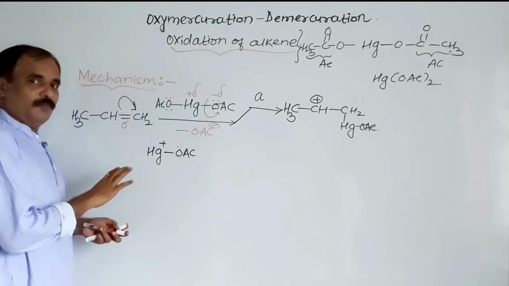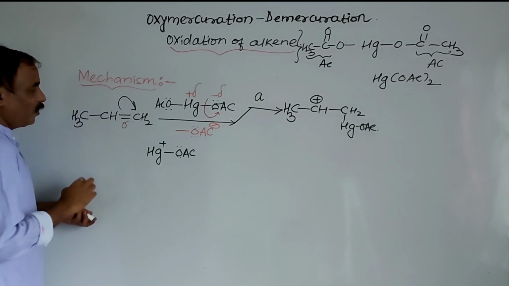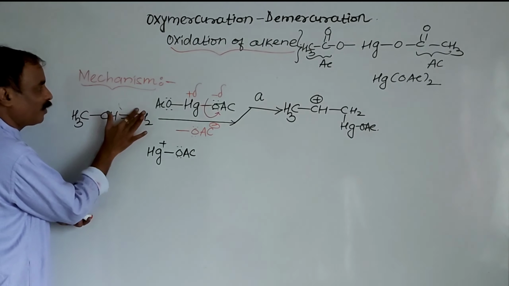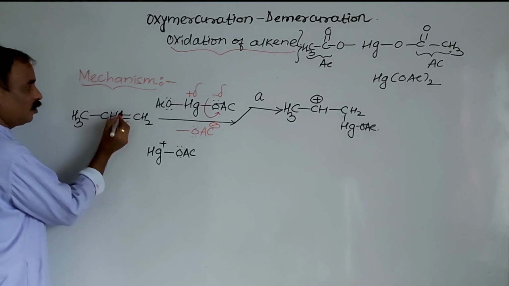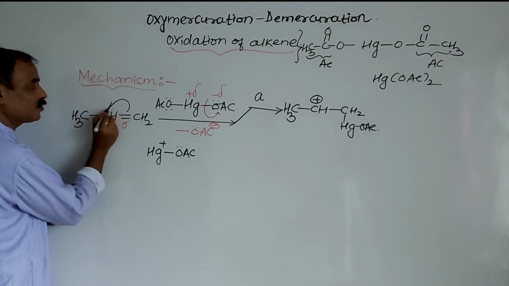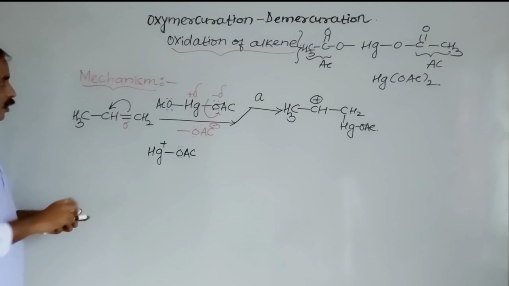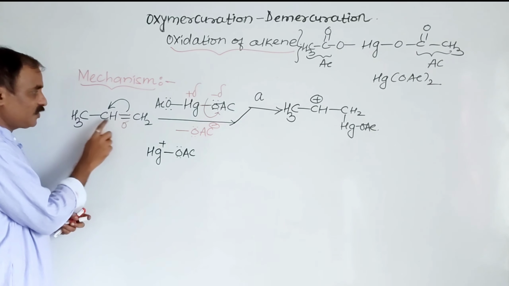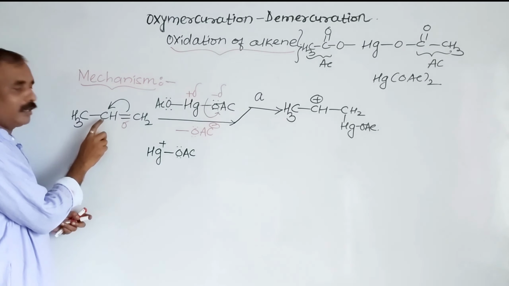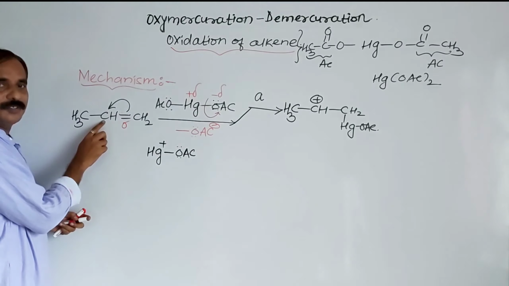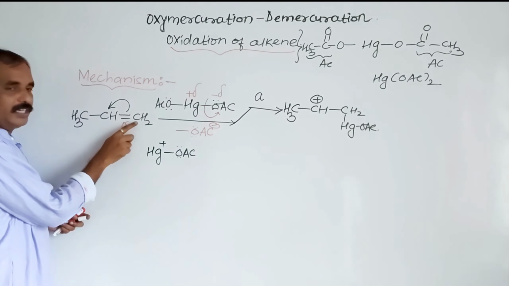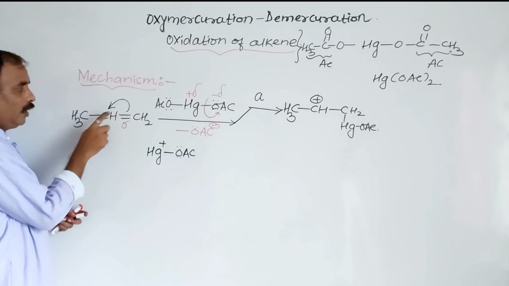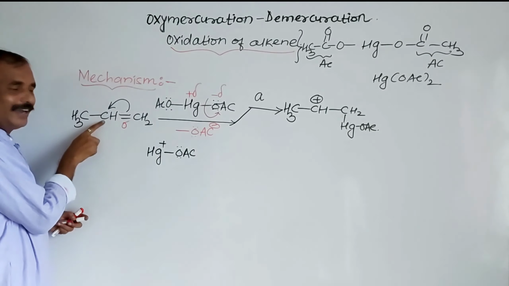Now what is the second possibility? Suppose breaking up this pi bond like this. After breaking up the pi bond, suppose polarization is like this. Now this carbon is electron donor and this carbon is electron acceptor. The terminal carbon will be positively charged, and the non-terminal olefinic carbon will be negatively charged.